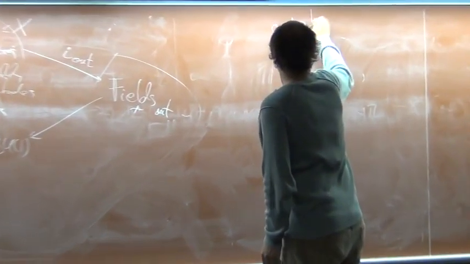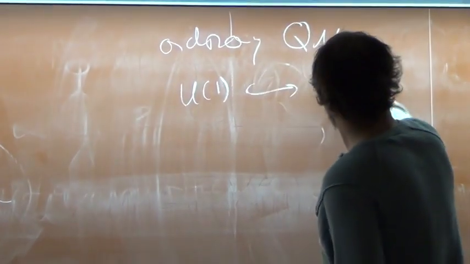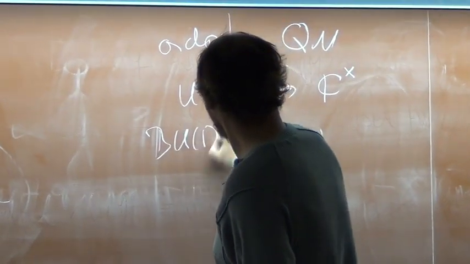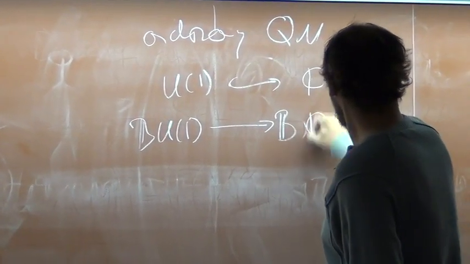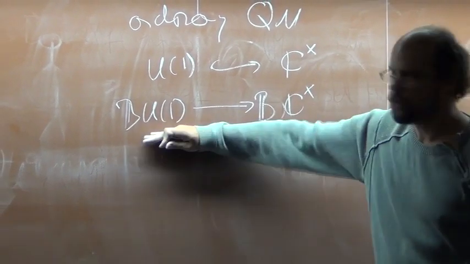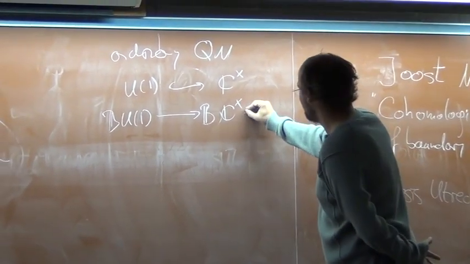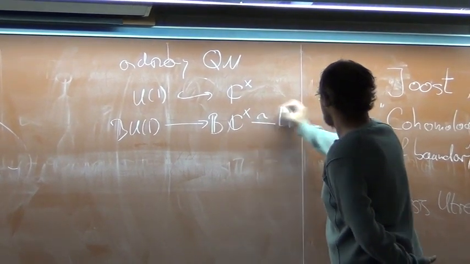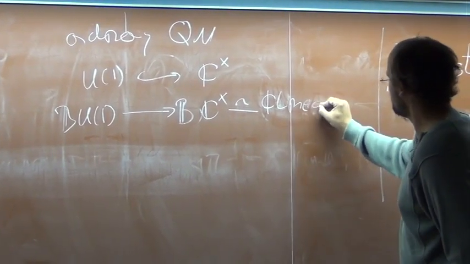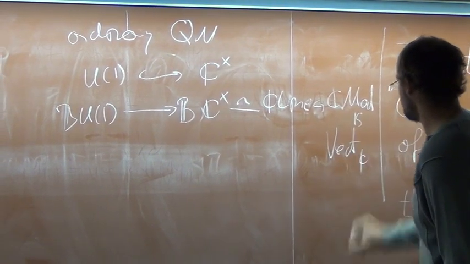So in ordinary QM, you use the embedding of U(1) into the group of units of the complex numbers, and that whole thing easily deloops smoothly to a map from the moduli stack BU(1), which classifies circle principal bundles, or GL1 line bundles, which is the same as complex line bundles, and they sit in the category of all C-modules, which is just vector spaces, the stack of vector spaces over C.